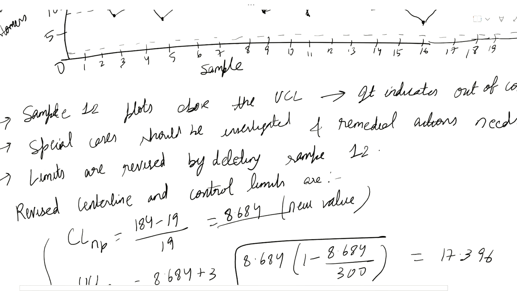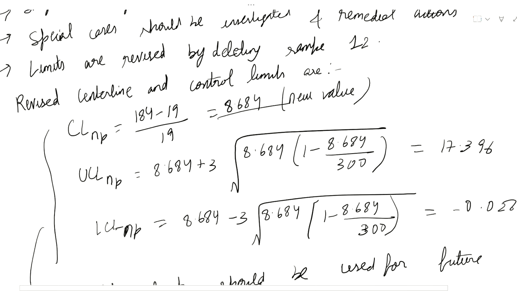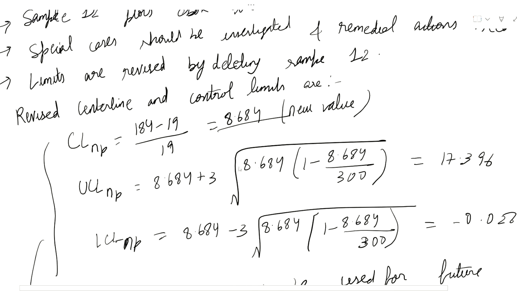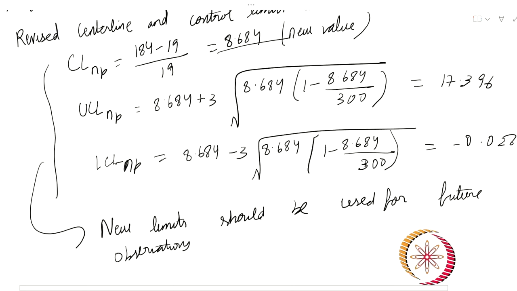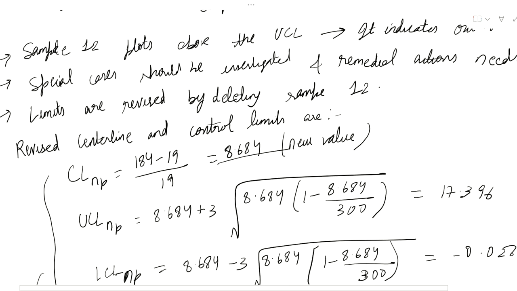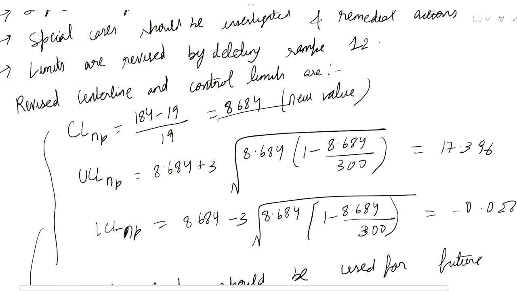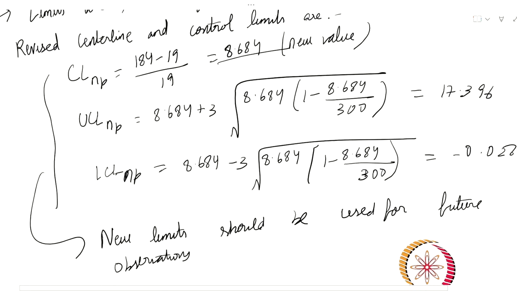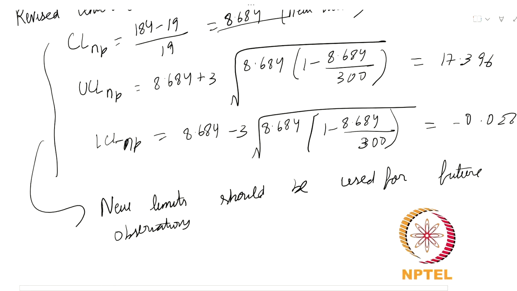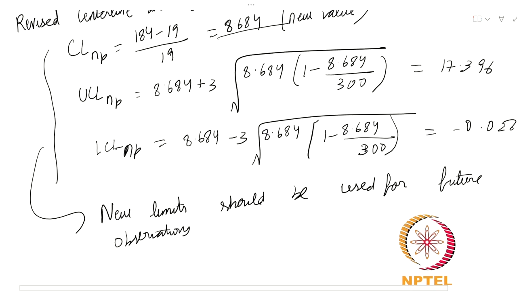When we find this, we delete it, and we again find the center line, upper control limit and lower control limit. This is the correct, new range, which is the ideal range. Whenever we find some values outside the control range, we find the new limit, which is used for future observations.